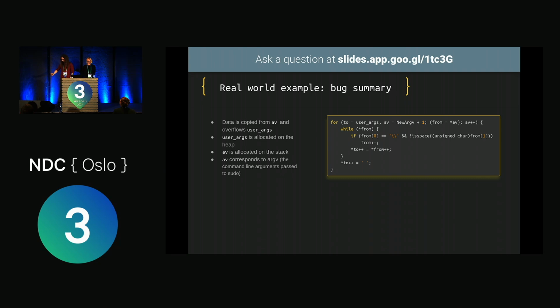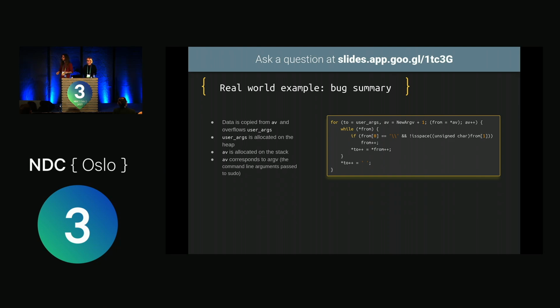Yeah, so let's just summarize the bug. Here's the vulnerable piece of code again. What we're doing is copying data from av, which is the command line arguments, right? And we're overflowing, or potentially overflowing, this user args buffer. And user args is allocated on the heap.